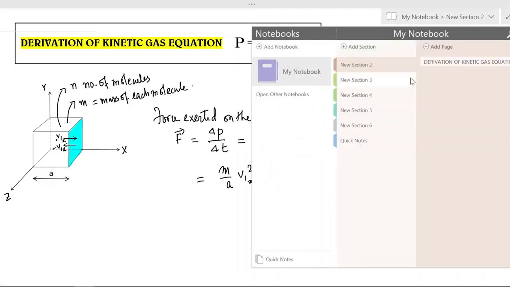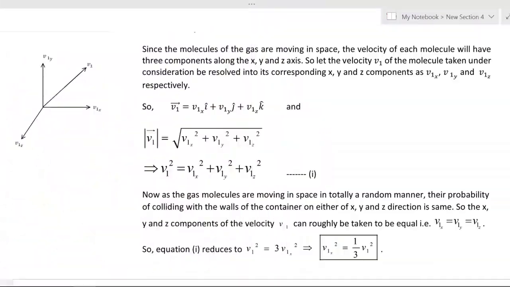Now just remember the relation I told you to keep in mind. This is the one: v1x square is equal to 1 upon 3 into v1 square. This is the relation we are supposed to make use of in this step.